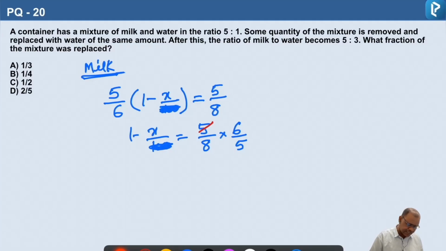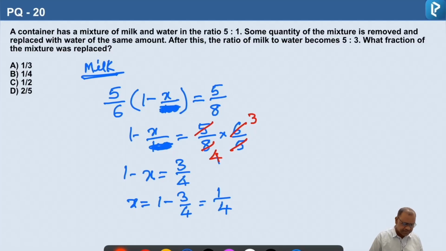So 5 gets cancelled. 2 threes, 2 fours. So what is remaining? 1 minus x is equal to 3 by 4. So x is equal to 1 minus 3 by 4, which is equal to 1 by 4.